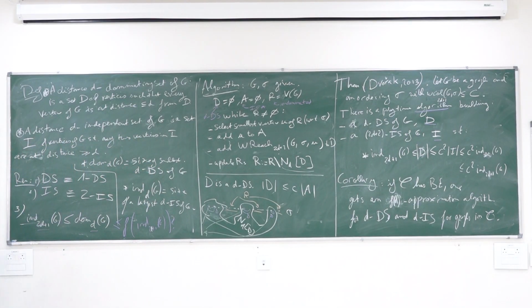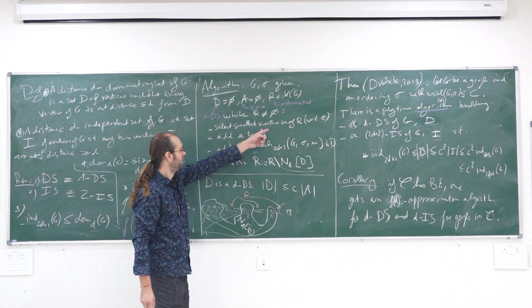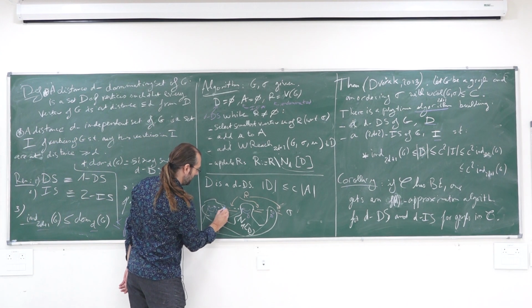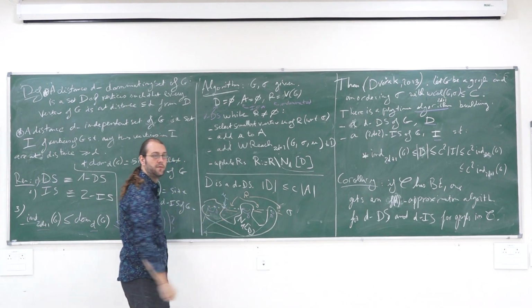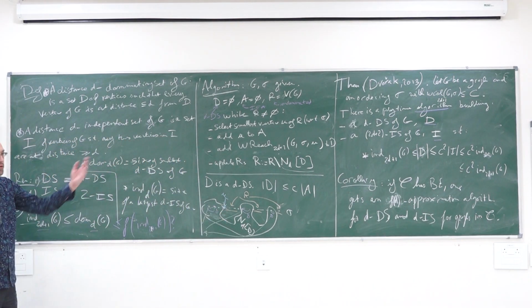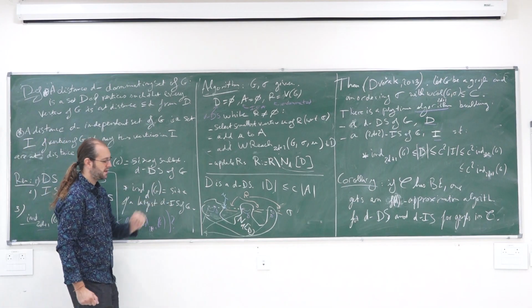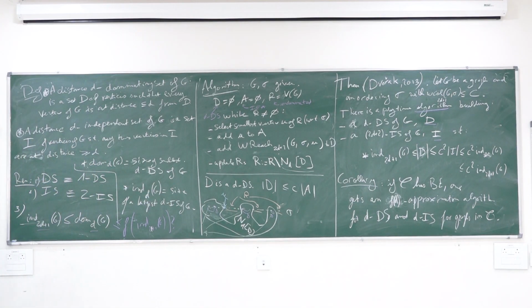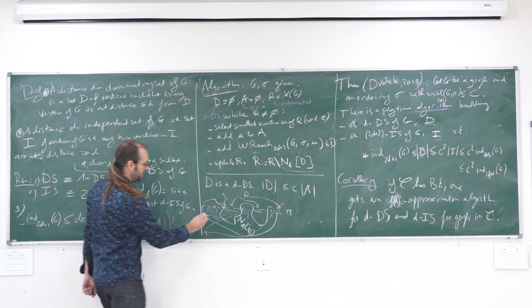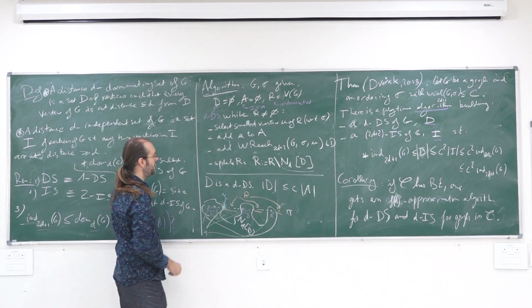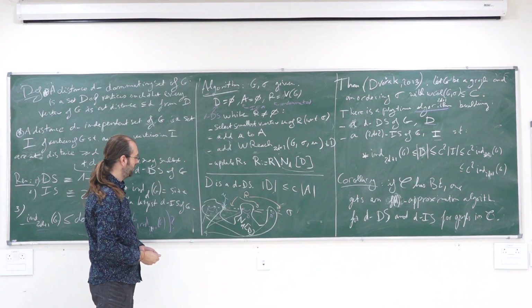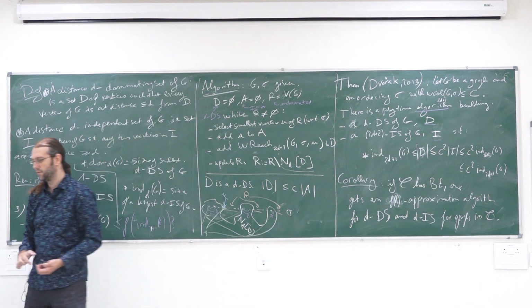What am I doing in the next step? In the next step, I'm selecting the minimum vertex U of R. It is this guy. This is my next U. And I'm doing all this business again. I put it inside A. He becomes green.